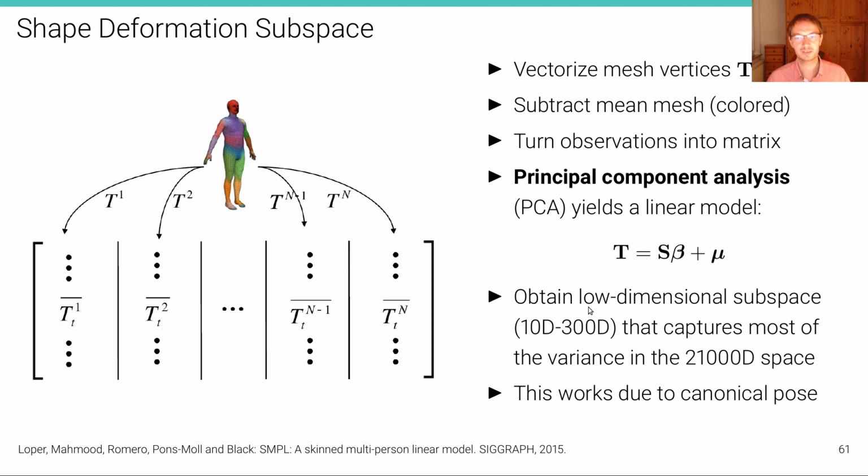These weights may just be 10 dimensional or up to 300 dimensional to express most of the variance of the observations. So using PCA, because we have assumed that the body is in a canonical pose, we can reduce this problem and obtain a 10-dimensional latent space that expresses most of the variance in the data.